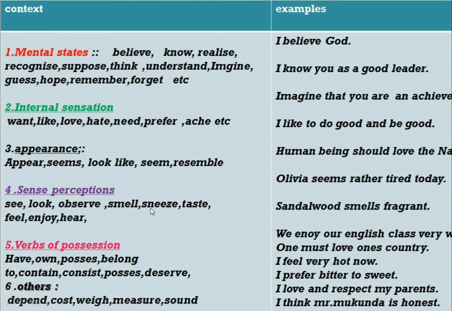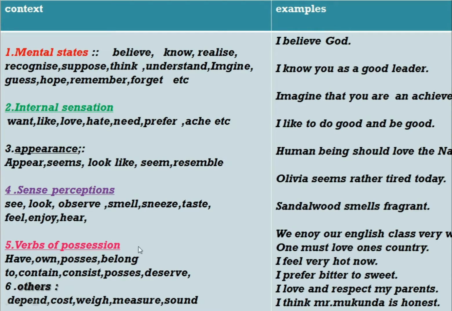All these words are used in simple present. So we enjoy our English class very much. We cannot say we are enjoying our English class very well. You see, these words cannot be used in present continuous. These words can only be used in simple present or other forms of sentences.